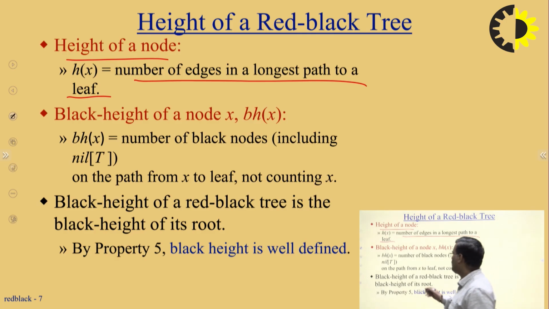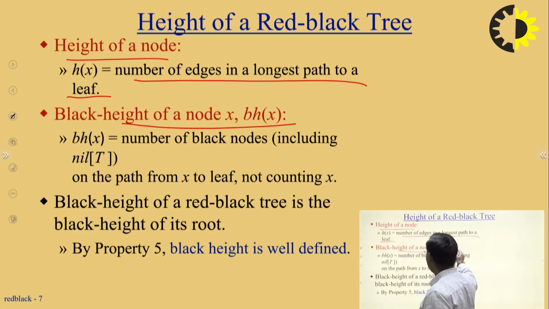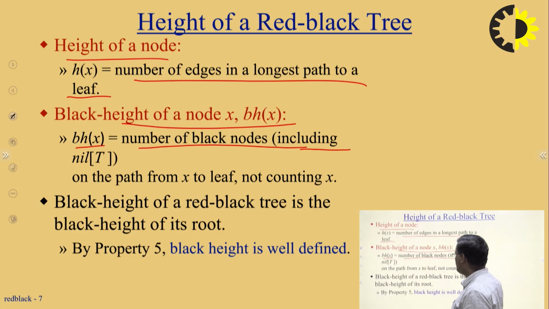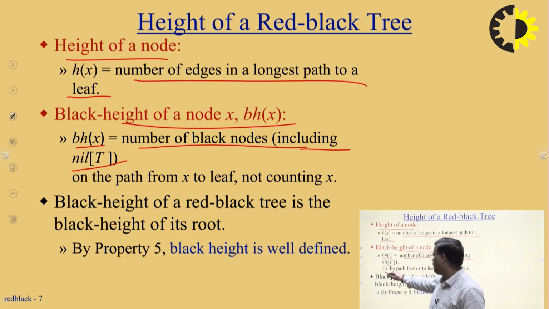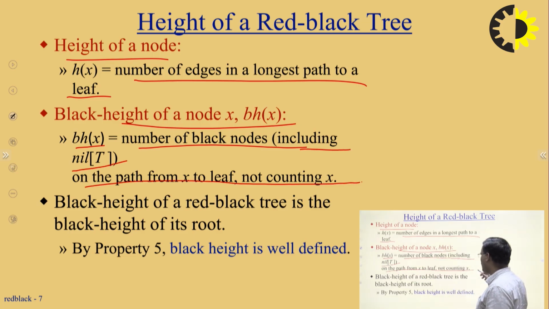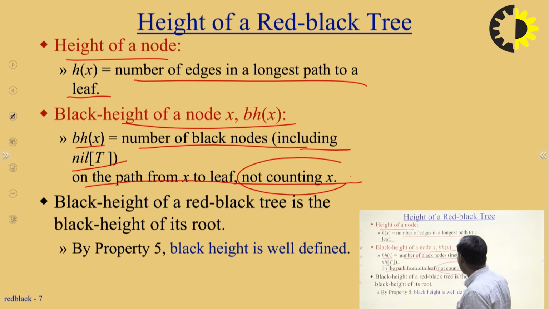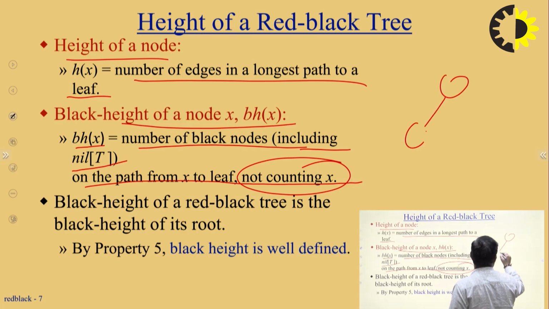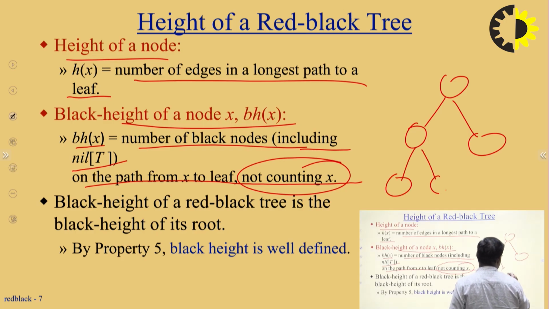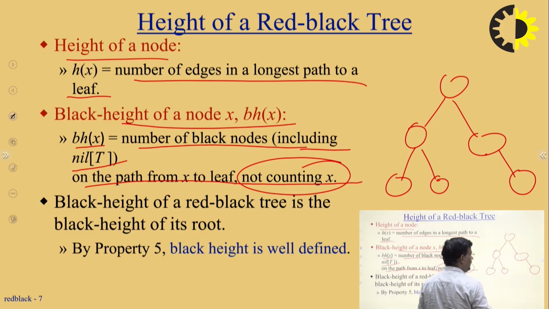Second thing, black height of node X. The black height of X is the number of black nodes, including nil, on the path from X to a leaf, not counting X. Suppose this is a tree.